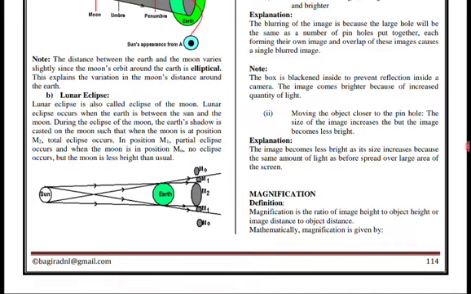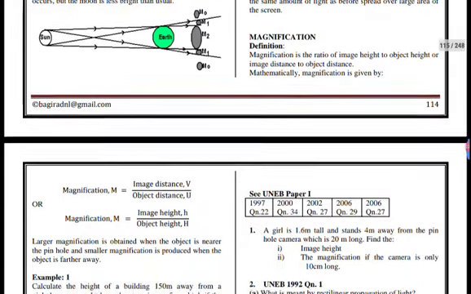Then we have magnification. In biology, I looked at magnification, I think so. And as far as physics is concerned, magnification can be defined as the ratio of image height to object height, or the ratio of image distance to object distance.